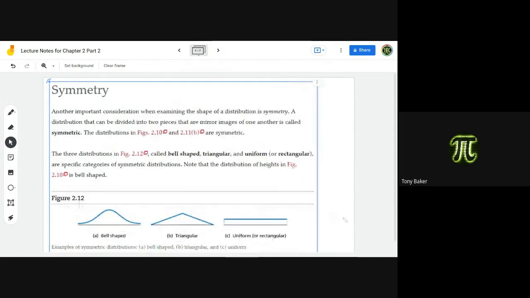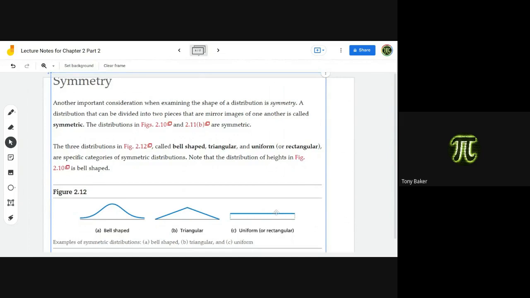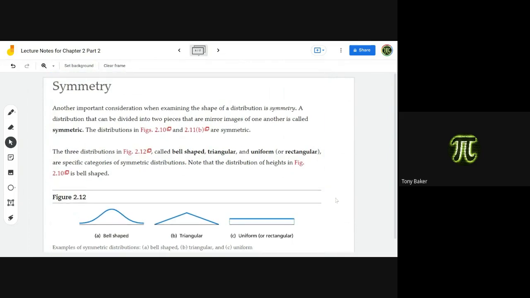Symmetry. When we're talking about the distribution of a graph, symmetry is really important. The first one is your bell shape. That's your bell curve. Like I said, you're going to become very familiar with bell curves.